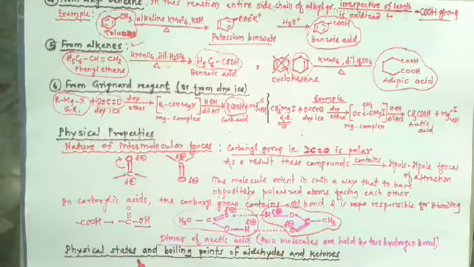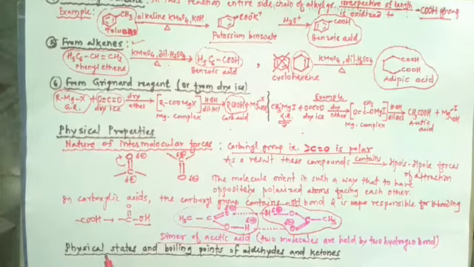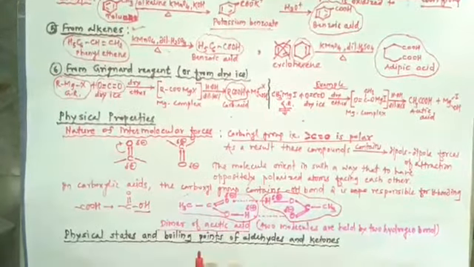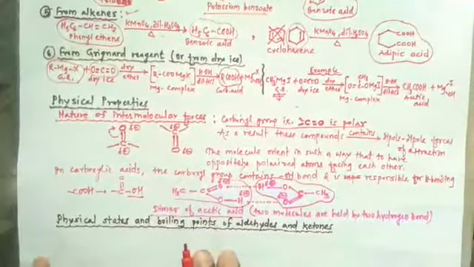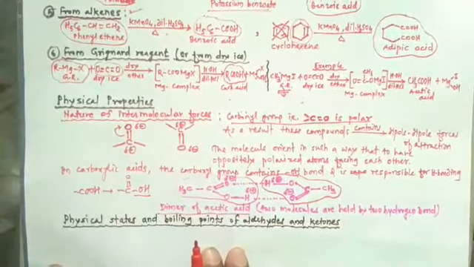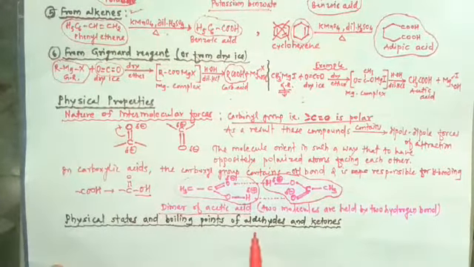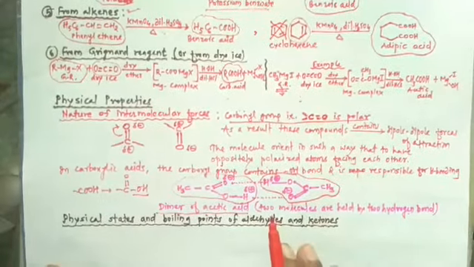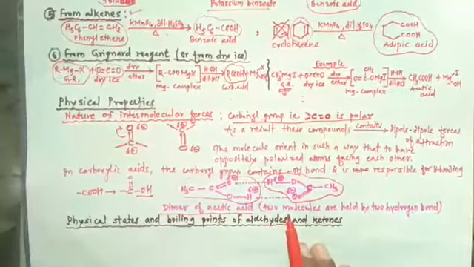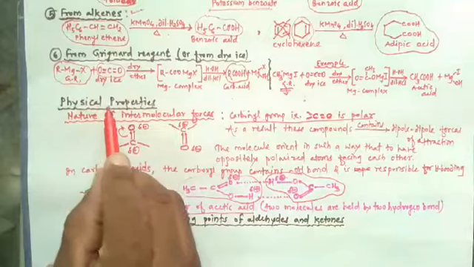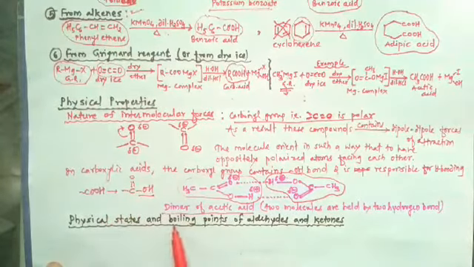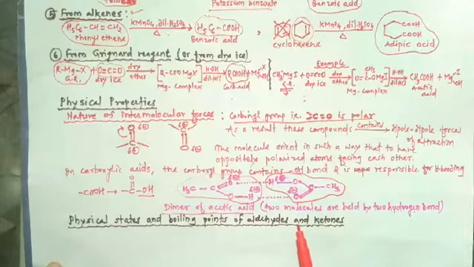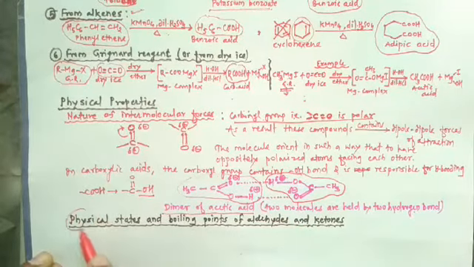Then let's study the next article, and that article is physical state and boiling point of aldehydes and ketones. Under the article physical properties, the next article is physical states and boiling points of aldehydes and ketones. First of all, let's study physical states.